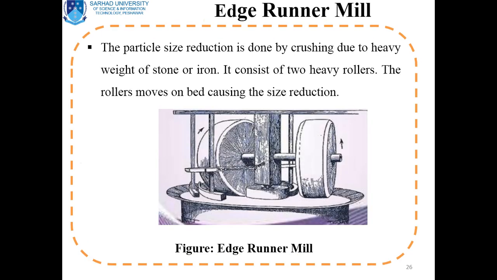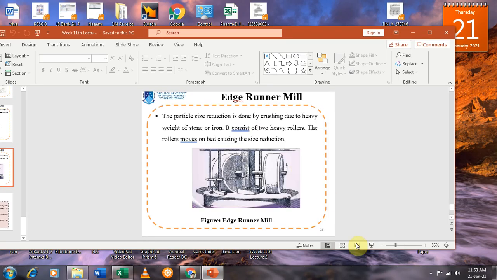And finally, the edge runner mill, in which heavy rollers move on the bed of powder or bed of feed, causing particle size reduction. Remember that the heavy rollers are made of stone or iron. Due to their heavy weight, the particle size is reduced.